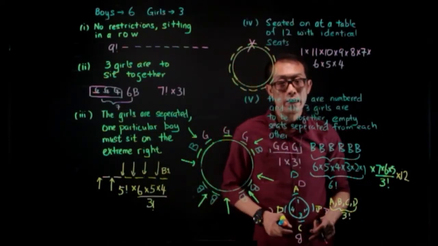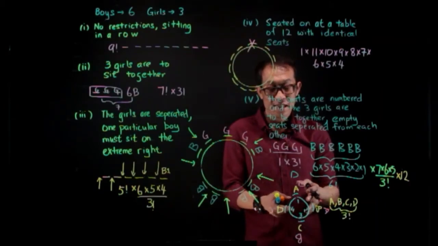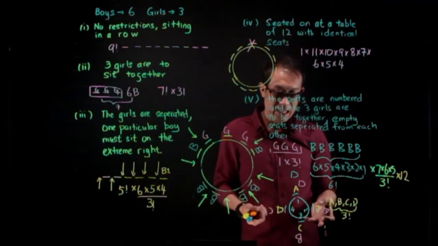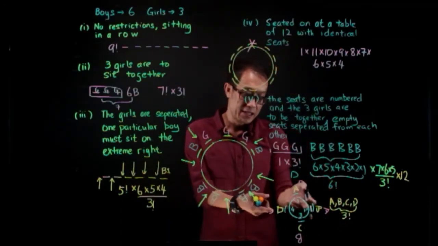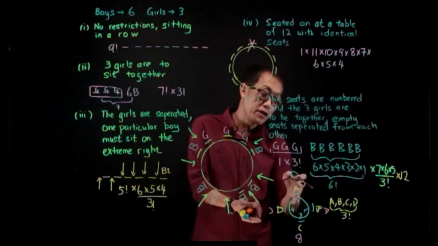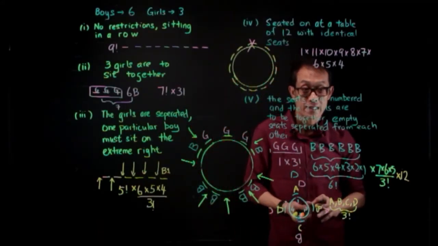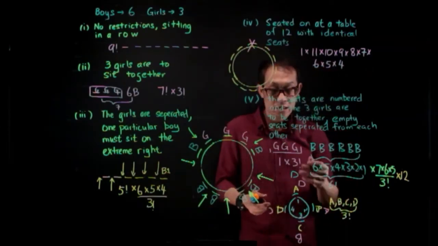We count them as 1 because this is a round table. Imagine the Sahara Desert. Earlier on, C sits opposite A. In this case, you move everybody by 1 seat to the right, and you'll find that the orientation is exactly the same. So it's considered as 1.